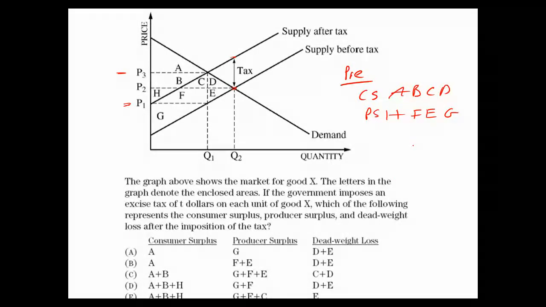Post-taxes, we're here, right? This is what the consumers are paying.